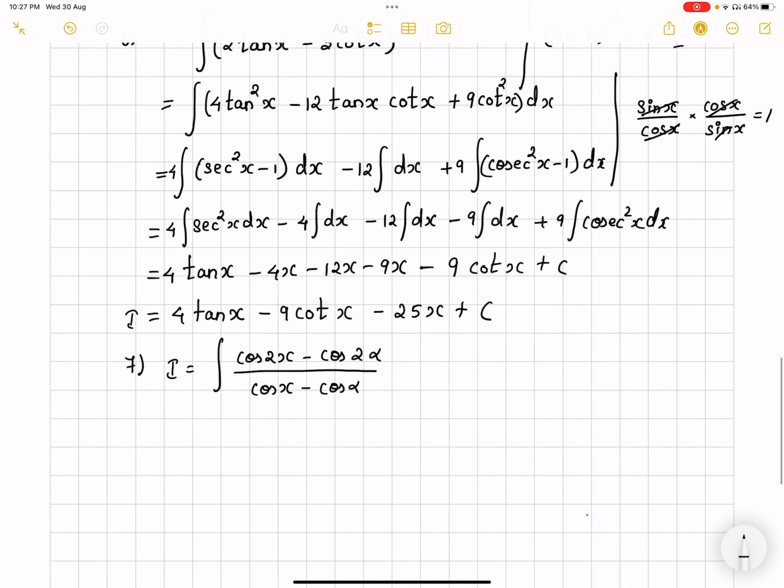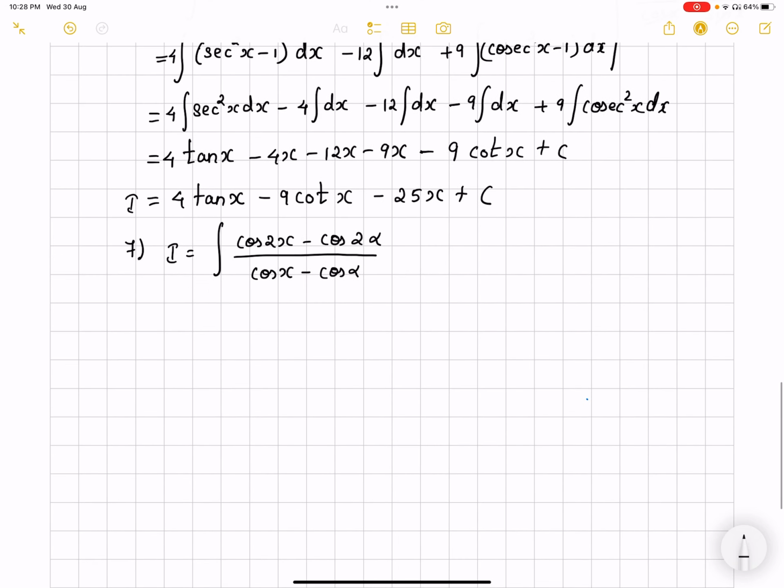Now let's observe what I'm going to do. Cos 2x, as usual, we have a formula: 2 cos square x minus 1. So it's going to be 2 times cos square x minus 1, minus of cos 2 alpha. Also, I'm writing it as 2 times cos square alpha minus 1, divided by cos x minus cos alpha dx.